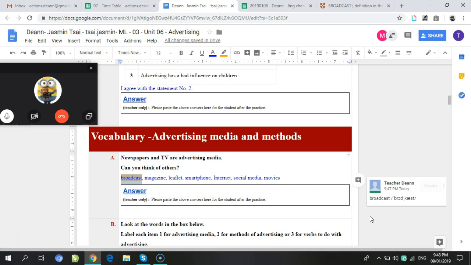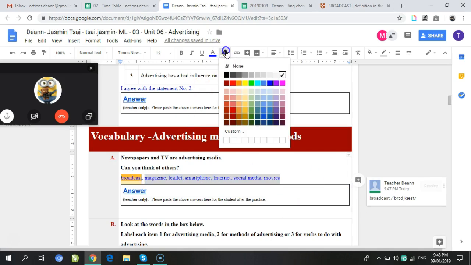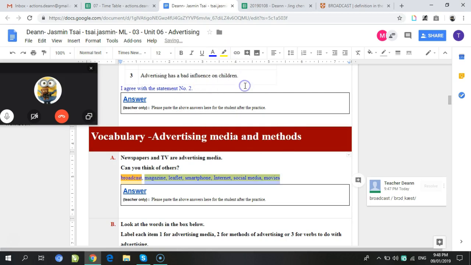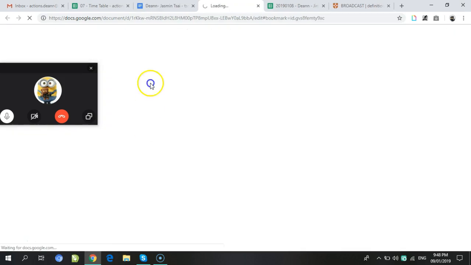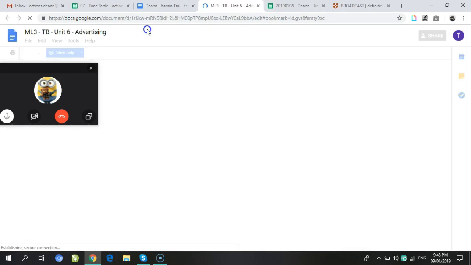Now, how about letter B? Look at the words in the box below.